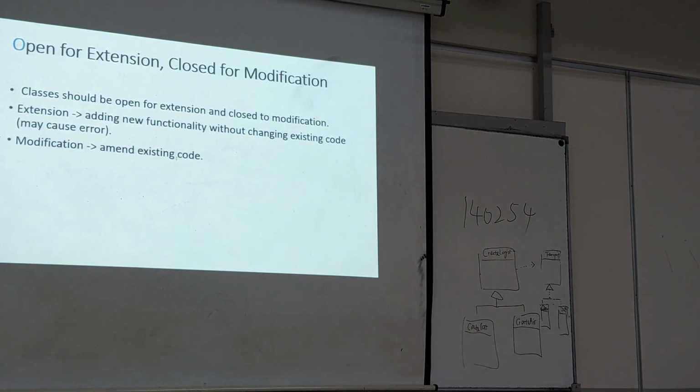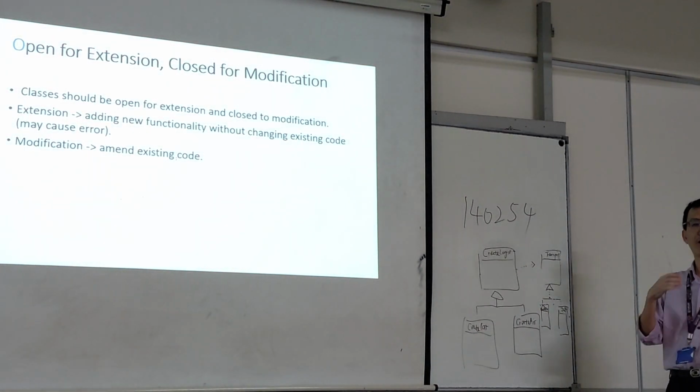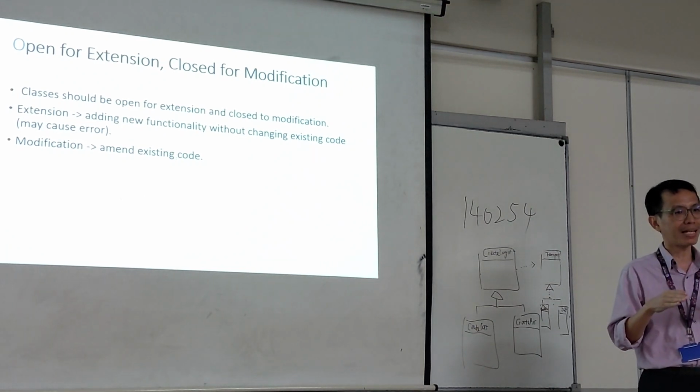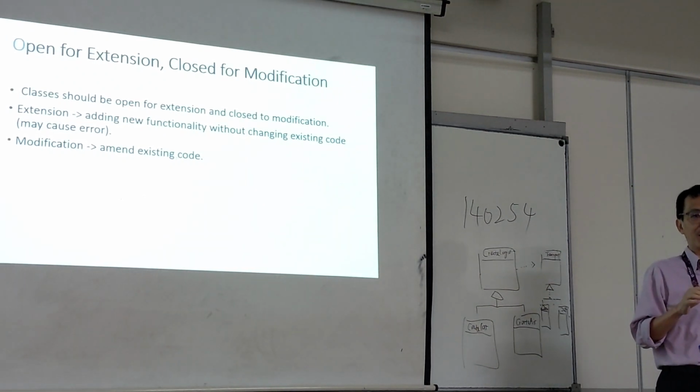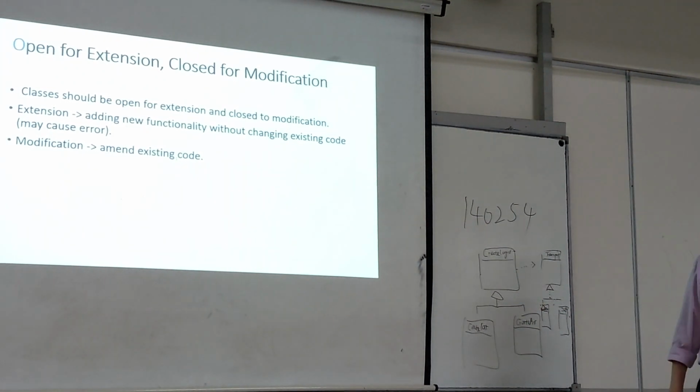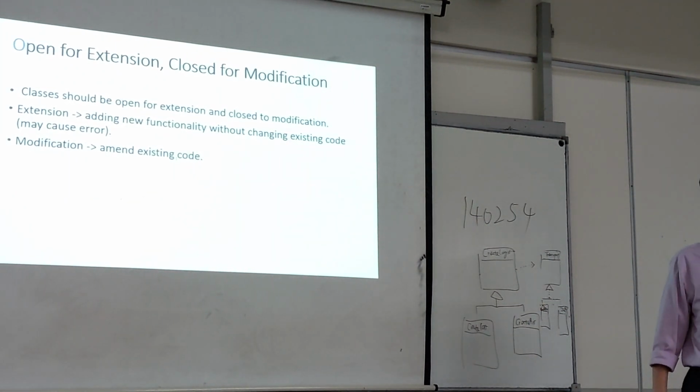Second principle, the open-closed principle. Open for extension, closed for modification. It means that when you create a class, this class should allow adding more functionality. This functionality should be related, understand? It's not like another one. When you add the functionality, it should not change the existing code of the class.